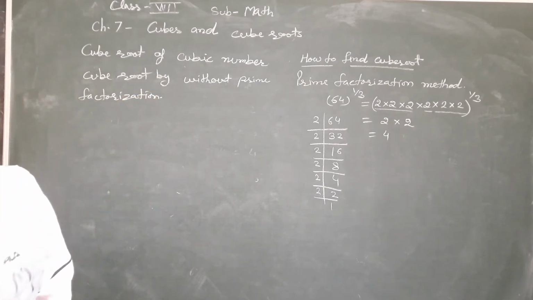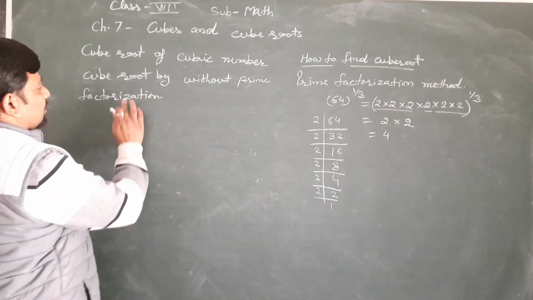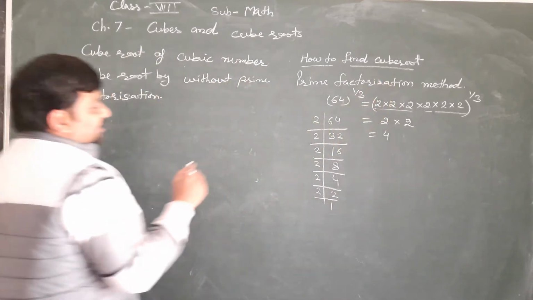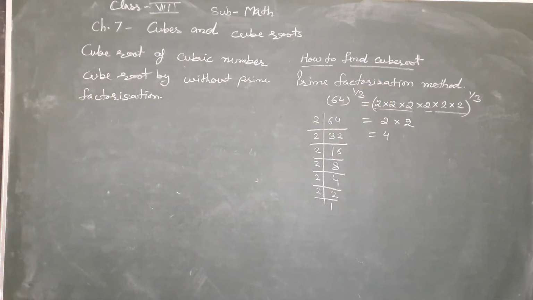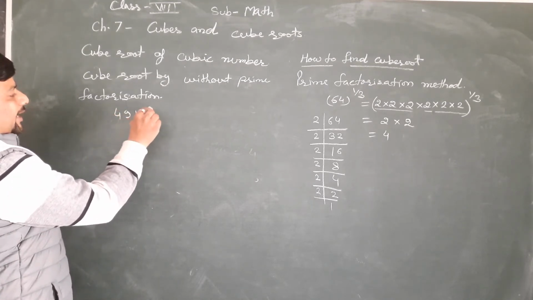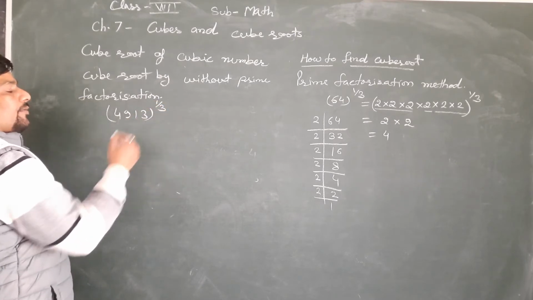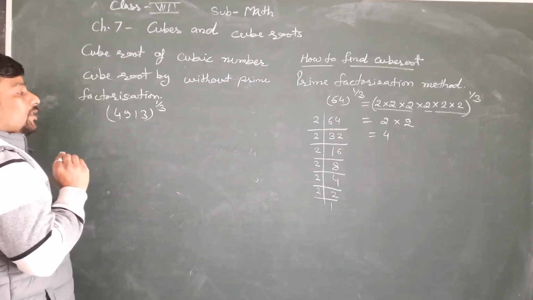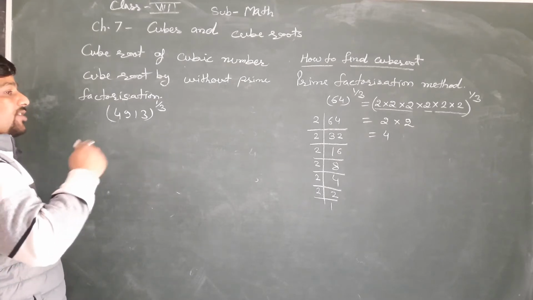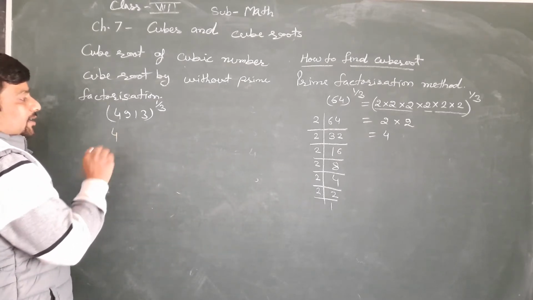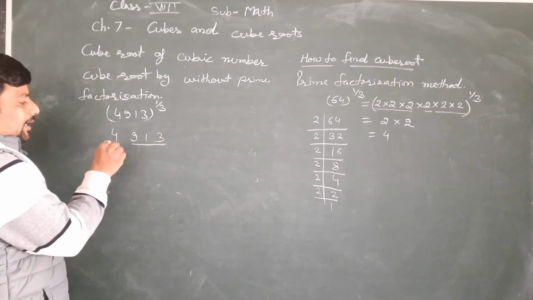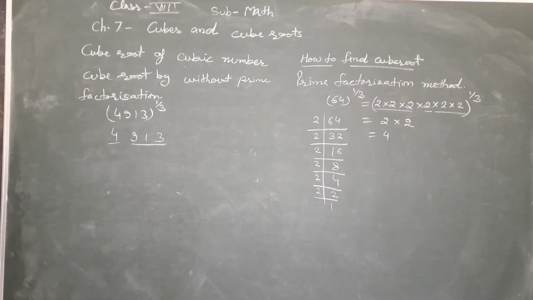So without prime factorization, how can we find the cube root of any number? For this we have the number 4913. To find the cube root of 4913, firstly we will make a group of 3 digits from the extreme right. The extreme right is 913. We make a group of these 3 digits and this 4 is left as it is.